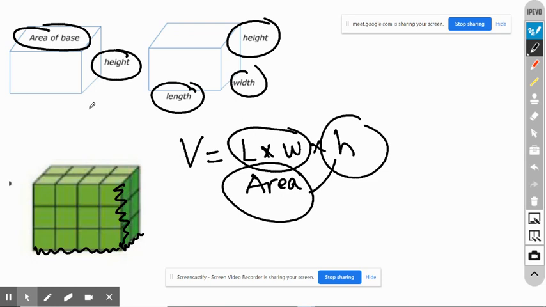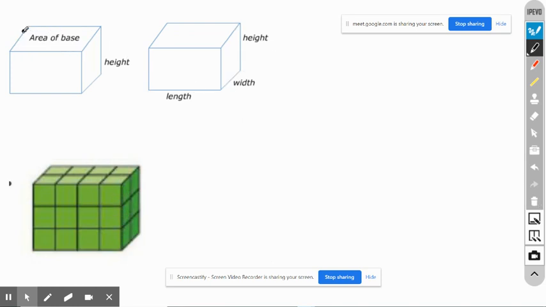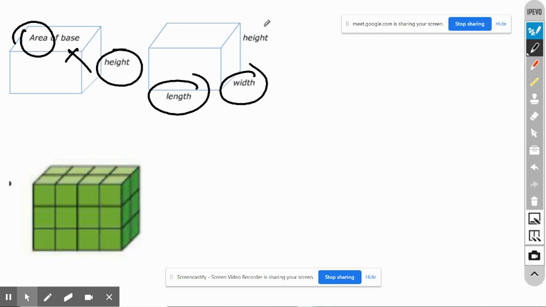Usually when you have that problem with area, they give you area and they give you height. In the problem, they would give you area and they would give you height. Multiply area times height. There you go. Or if they give you length, width, and height, multiply those three because these two here represent the area.